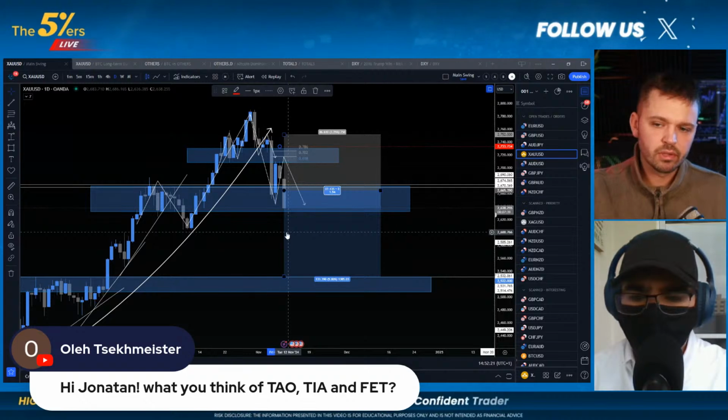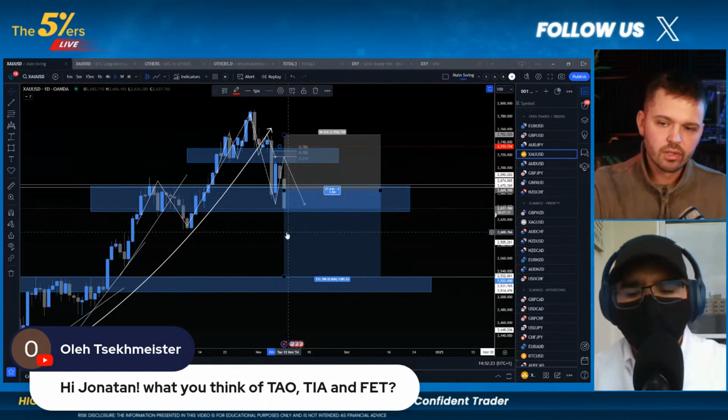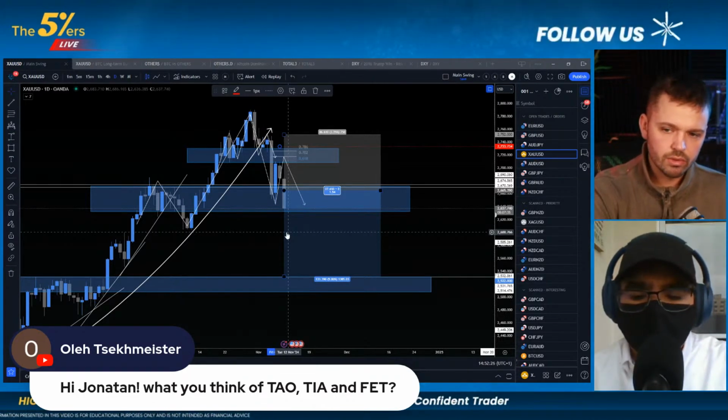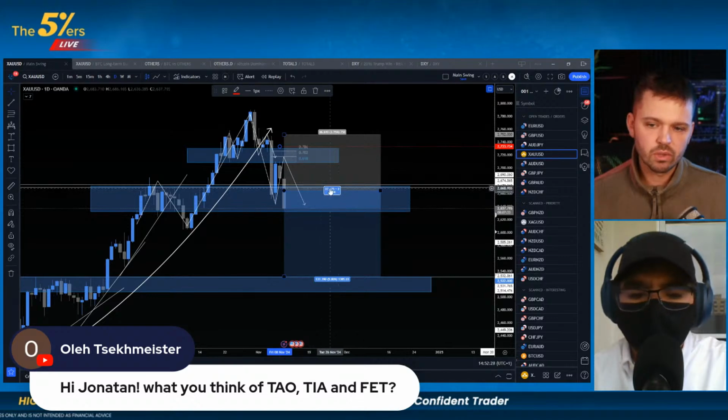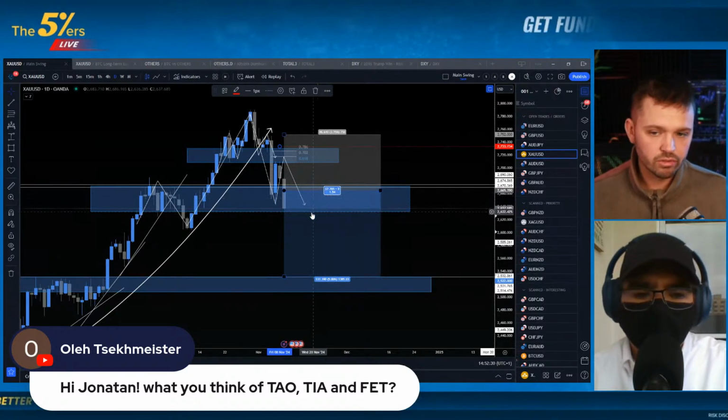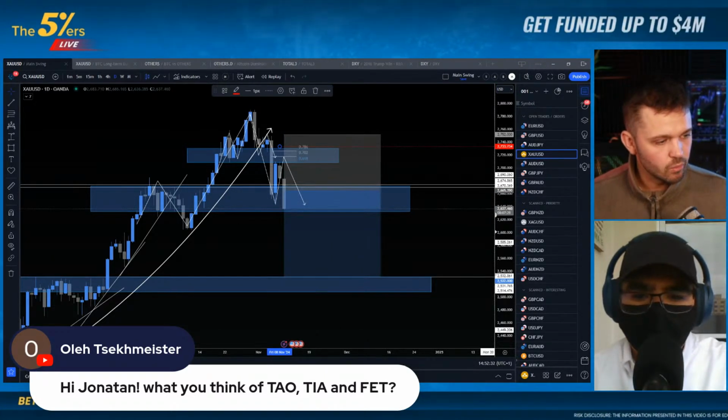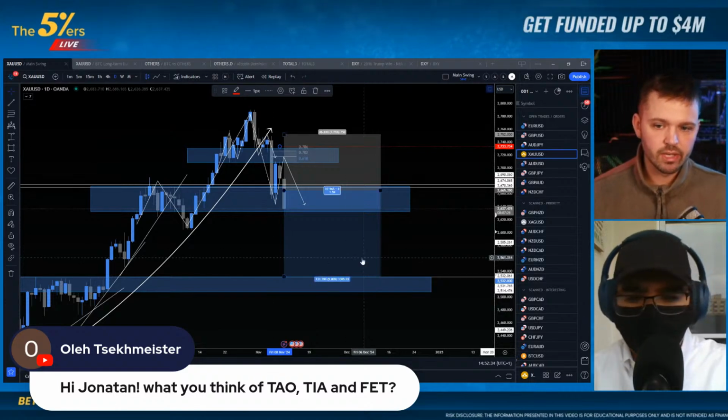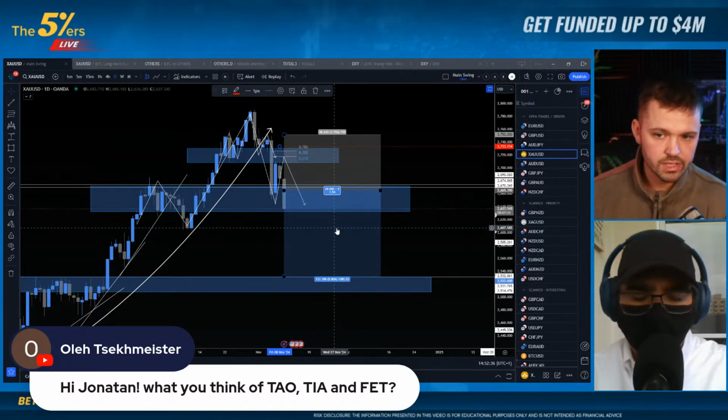The interesting fact is, if I add a new position with one to one risk to reward, I'm turning this 1.5 R trade into a 2.5 R trade with the same risk as I would have risked for this 1.5.